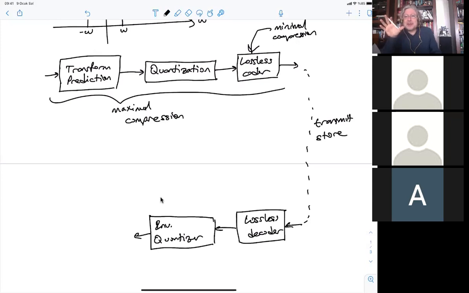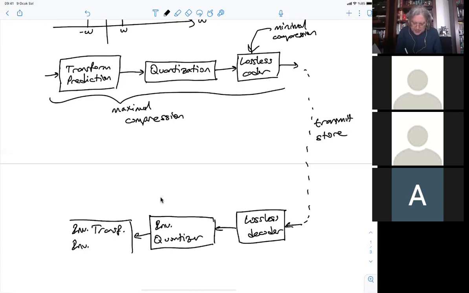So everything between 0 and 1 as an input here is now represented by 0 at this inverse quantizer output. It is reevaluated here. And then, of course, whatever we do, it can be an inverse transformer or an inverse prediction.